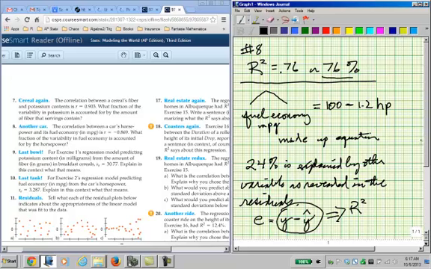Another way to say it: 76% of the change in estimated fuel economy is accounted for by the change in horsepower as shown in the model. 24% is explained by other variables as revealed in the residuals.